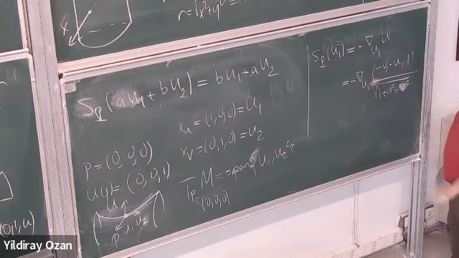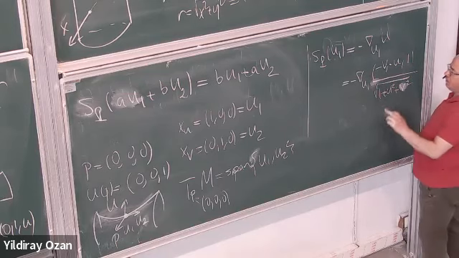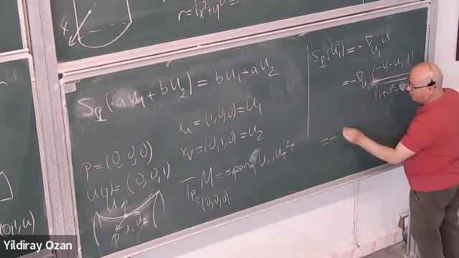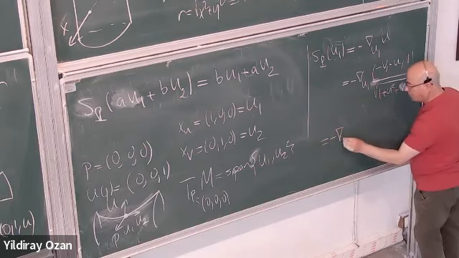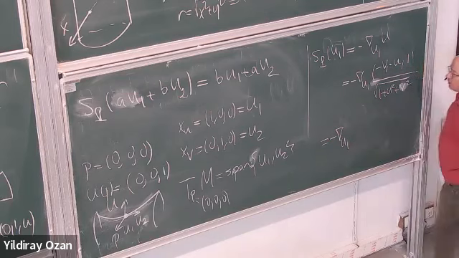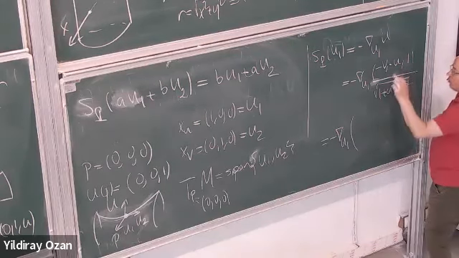Okay, now what is this? Şöyle yazayım. U1 boyunca bu vektör field'in türevini alacağız. Nedir bu?